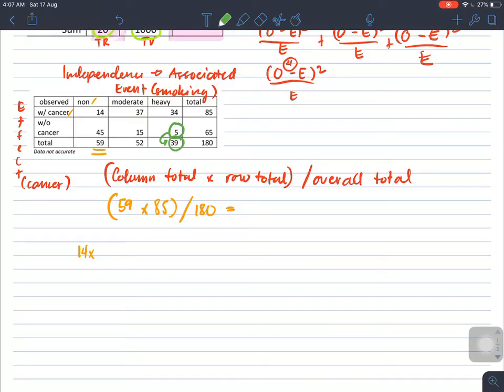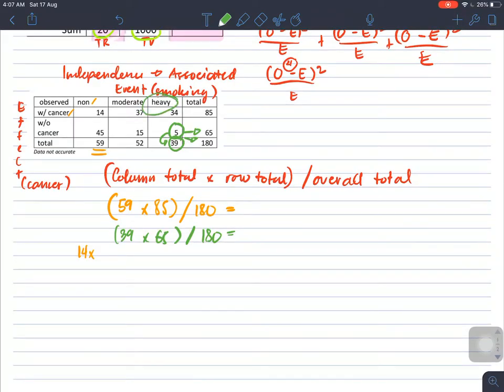So, 39 multiplied by the row total, which is 65, divided by the overall total, which is 180. And then we have our expected value for 5, or for heavy smokers without cancer.